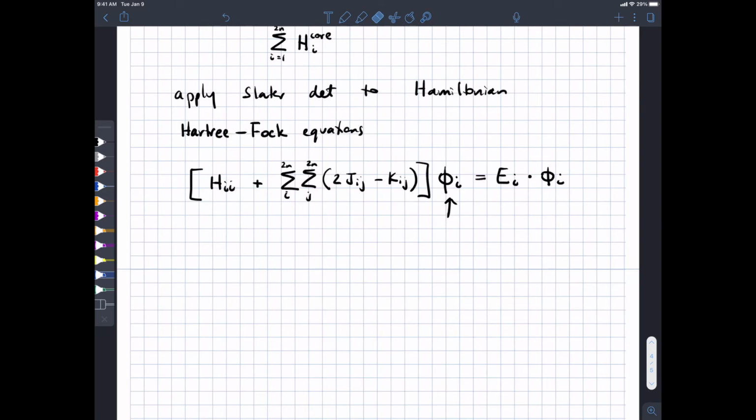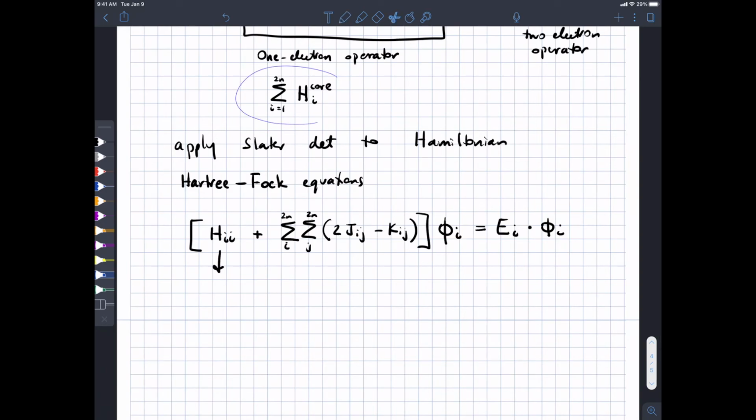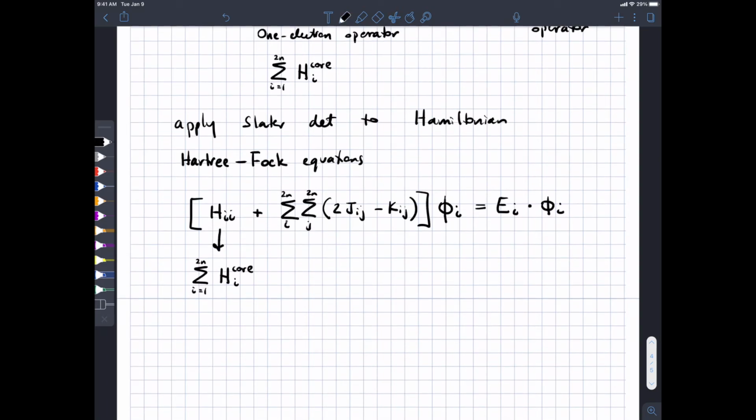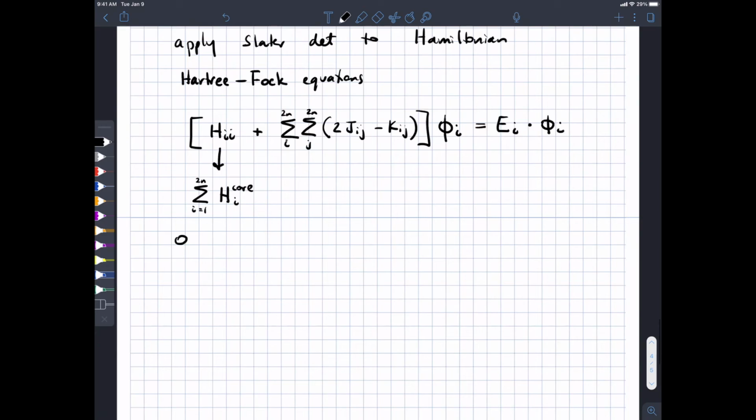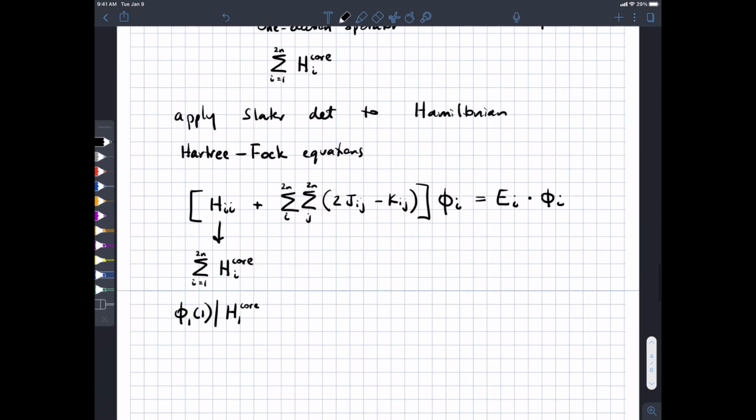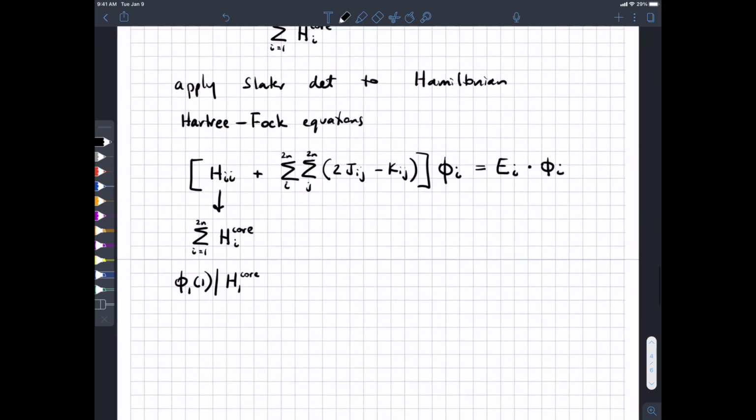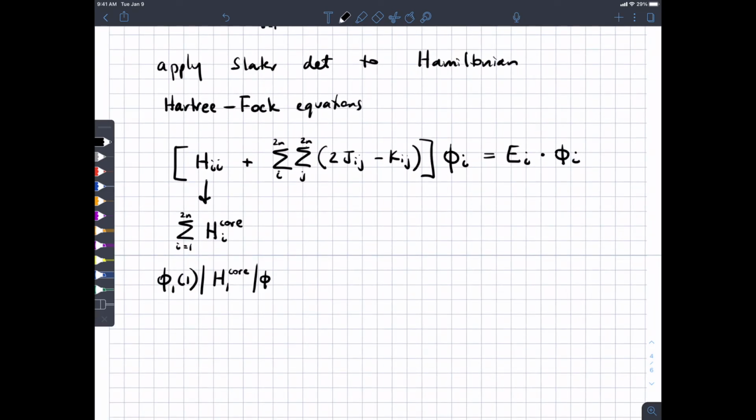Okay. E represents the energy of that particular one-electron wave function. H double I derives from this core operator. In other words, if I take, say, phi 1 with electron 1 in it, and I apply the core Hamiltonian that contains kinetic energy and nuclear attraction for electron 1 to the phi 1 with electron 1 in it, this is the H11 integral.